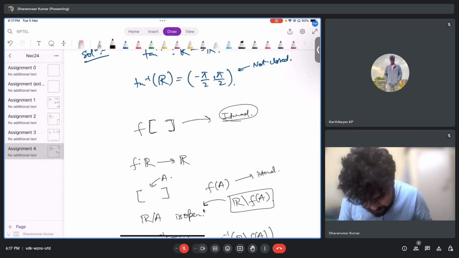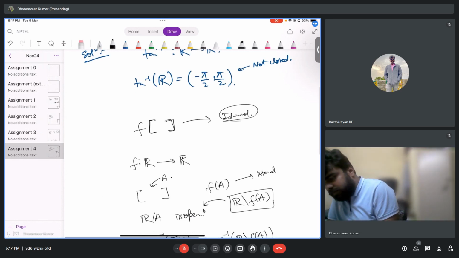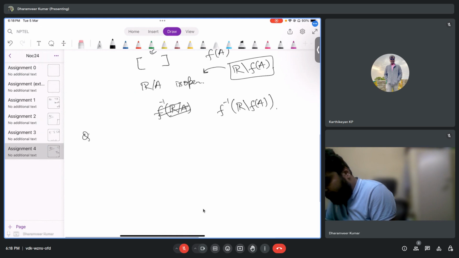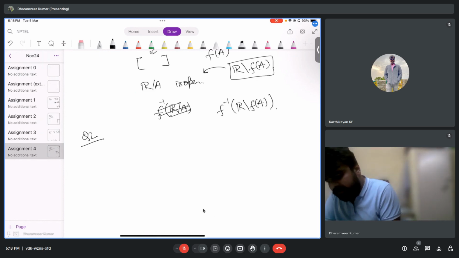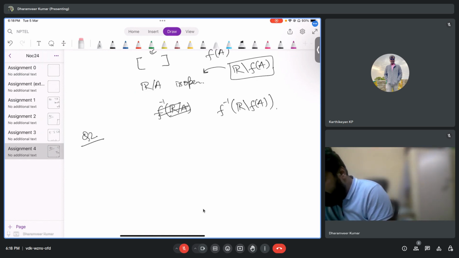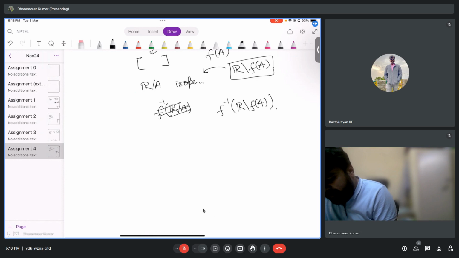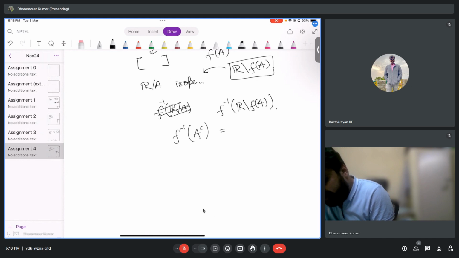Question 2. Let me write it. So F inverse of A complement. Let's say you have something like this. This is F inverse A complement.